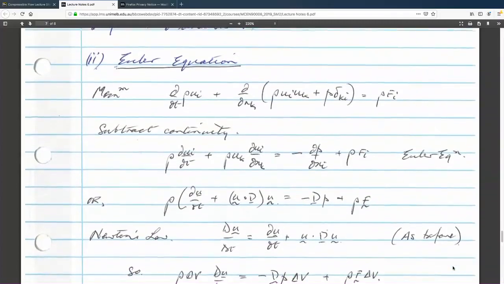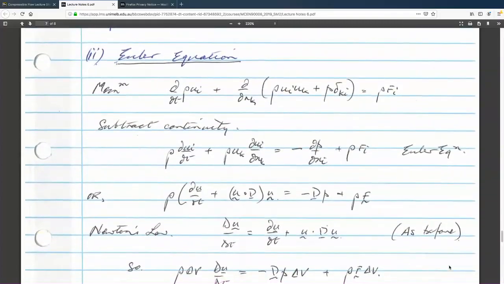All right, I'll just do the Euler equation for you. What is the Euler equation? The Euler equation assumes inviscid flow, no viscous stress, and no thermal conductivity, so it's an ideal fluid. And we write momentum, d/dt of rho ui plus d/dxk of rho ui uk plus p delta ki is rho fi.